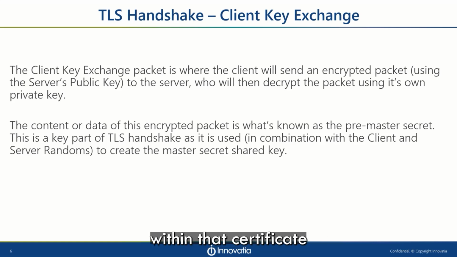What the client is going to do with that public key is use it to encrypt a third random number, which is known as the pre-master secret. The client uses the public key to encrypt this pre-master secret and sends it forward to the server. The server and client will now have a total of three randomly generated numbers: the client random, the server random, and the pre-master secret.